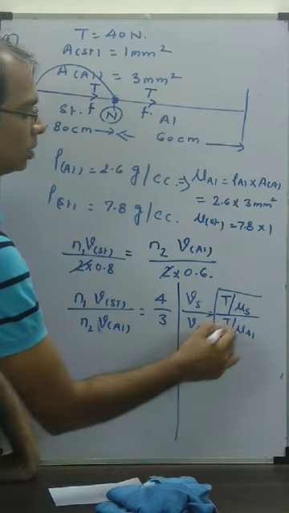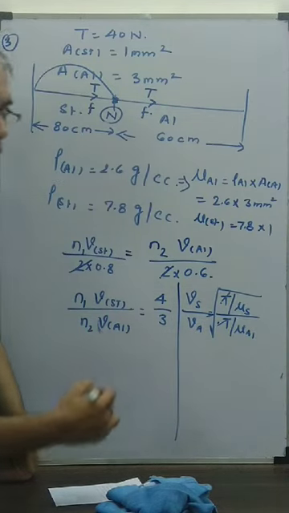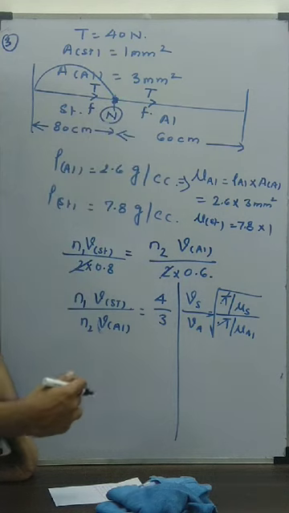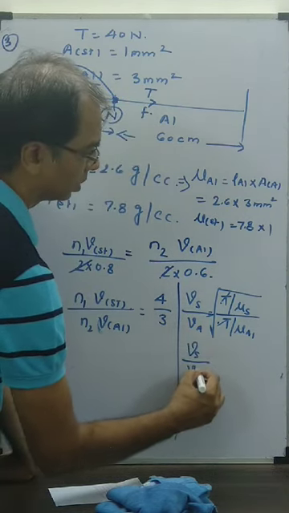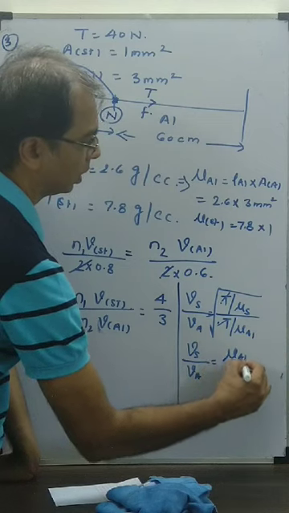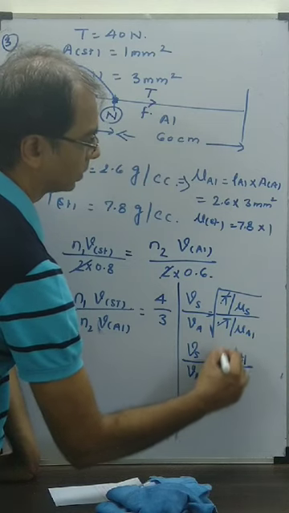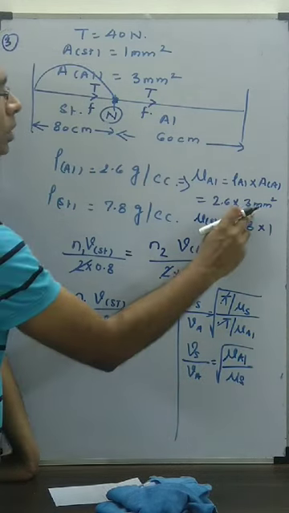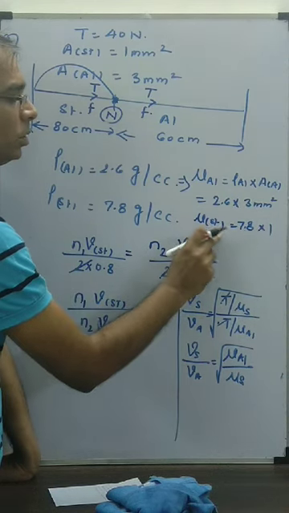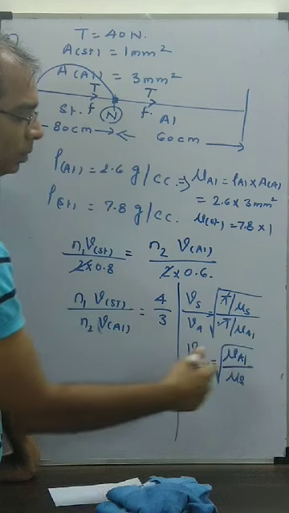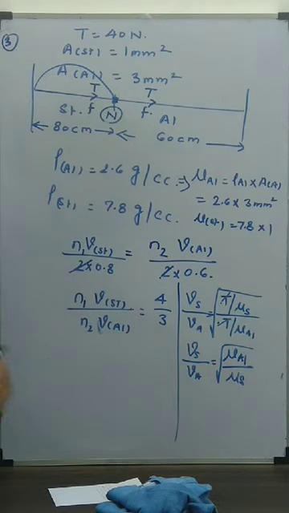Now T and T get cancelled because of the same tension. Then Vs by Va is equal to root of mu Al by mu S. What is mu Al? 2.6 into 3 is 7.8. What is mu steel? 7.8. The 7.8s get cancelled. That means velocity is the same.